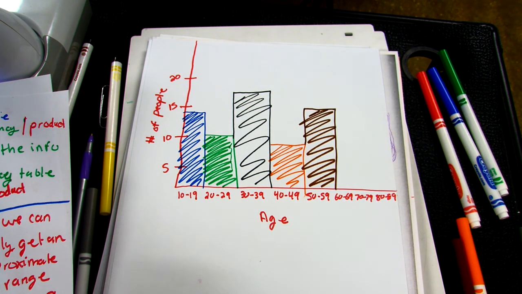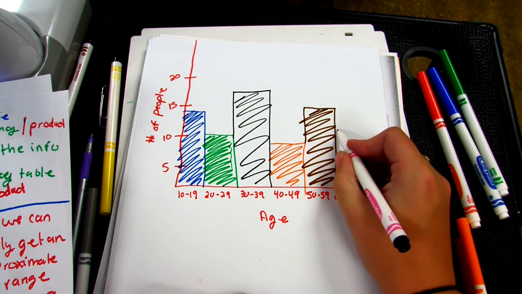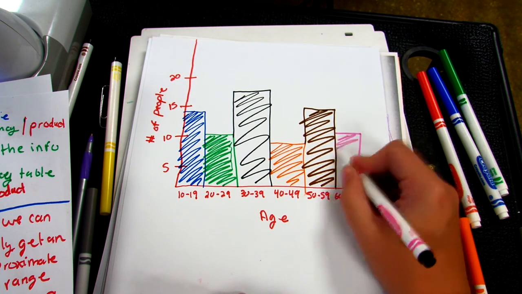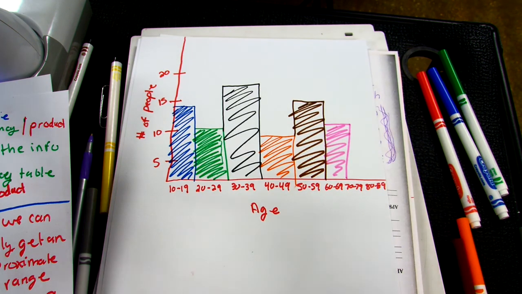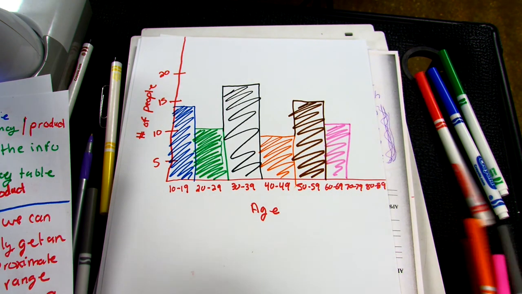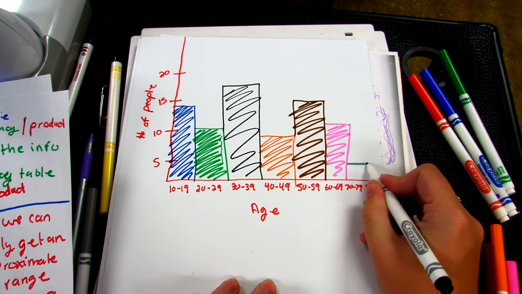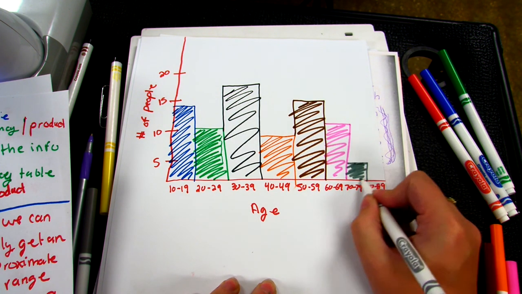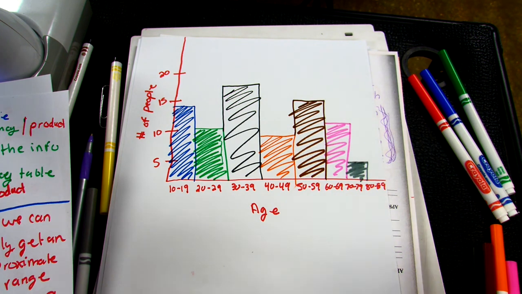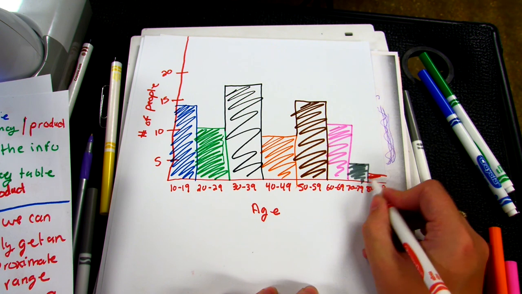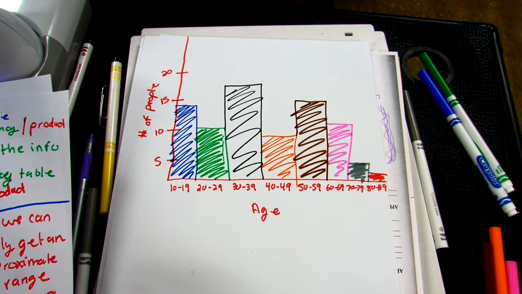And 60 to 69 had 12 people. 70 to 79 had 5 people. And then 80 to 89 had just 2 people. All right, there is our histogram.